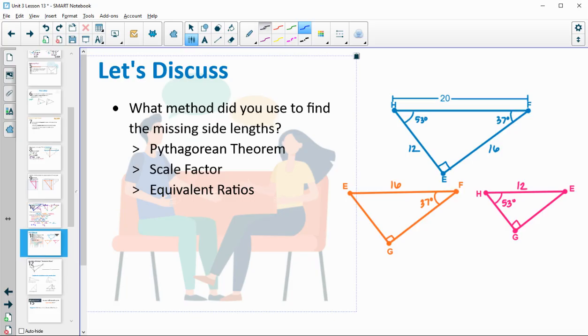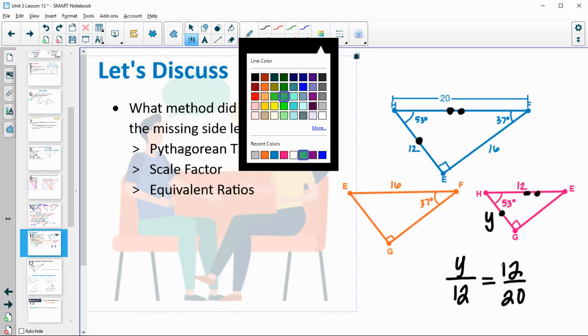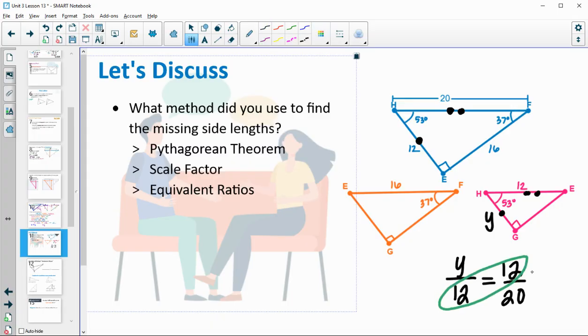If we were finding this one, this one compares to here, and we know that these ones compare. So you could have set up a proportion that was y compares to 12, and then 12 compares to 20, and cross multiplied. You could have multiplied these two together and then divided by 20, and you would have gotten the same answer that we did.